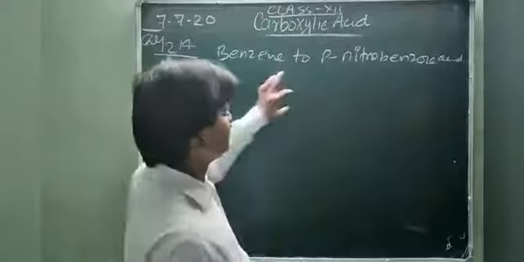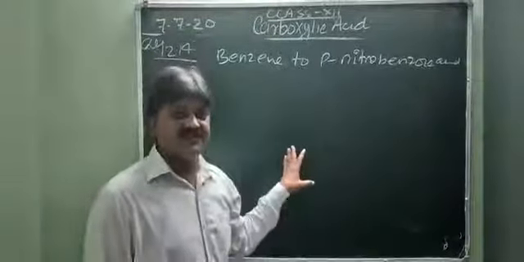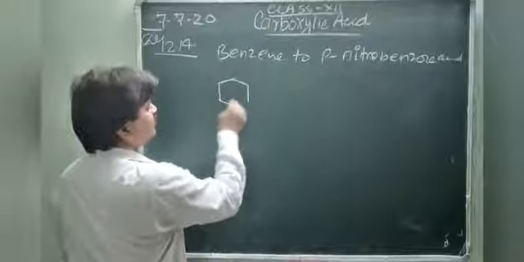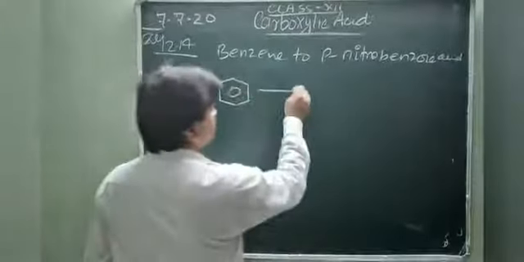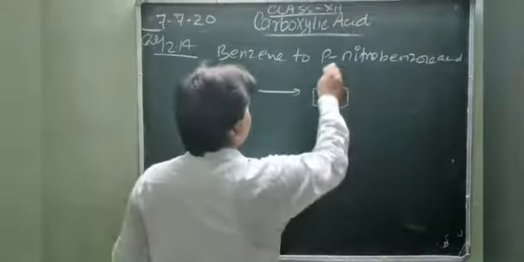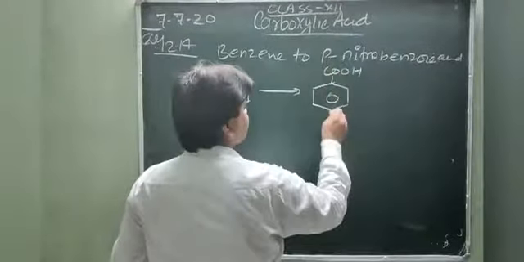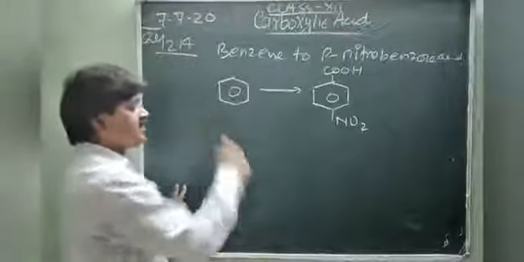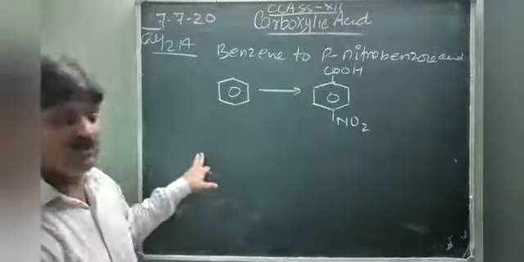Next conversion is benzene to para-nitrobenzoic acid. So how do you convert benzene into the para-nitrobenzoic acid? This is benzene, and this is para-nitrobenzoic acid. So introduction of nitro group and COOH group to the benzene ring forms the para-nitrobenzoic acid.